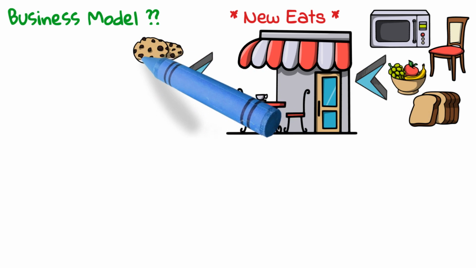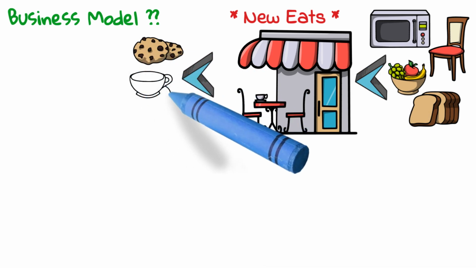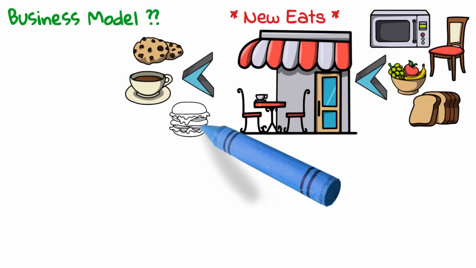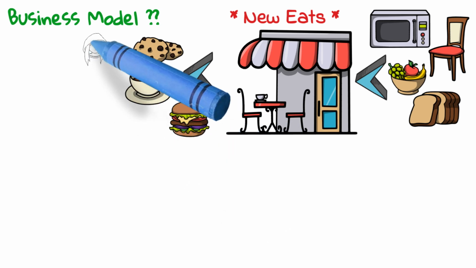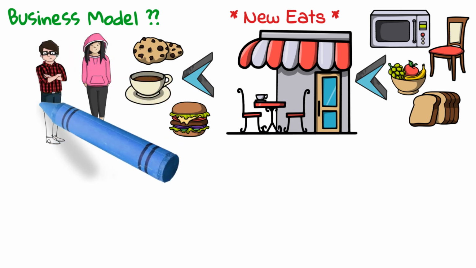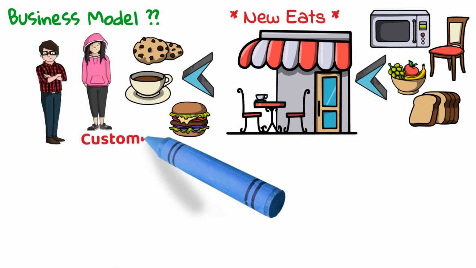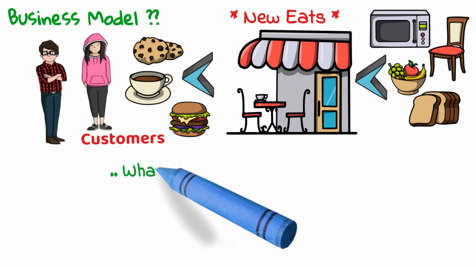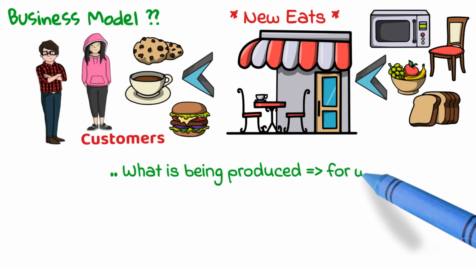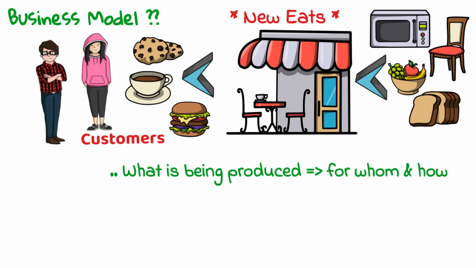Delicious cookies, steaming cup of coffee, and freshly prepared tasty burgers to be served to visitors like them. They are called customers. This is precisely a business model. What is being produced, for whom, and how?